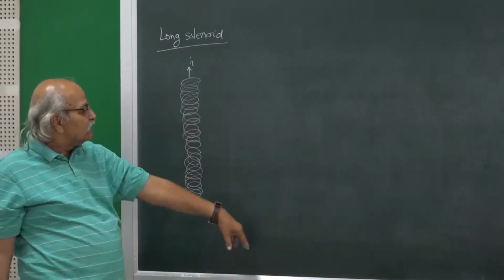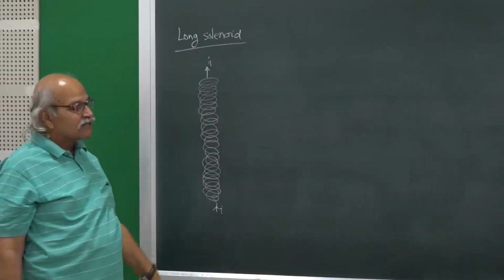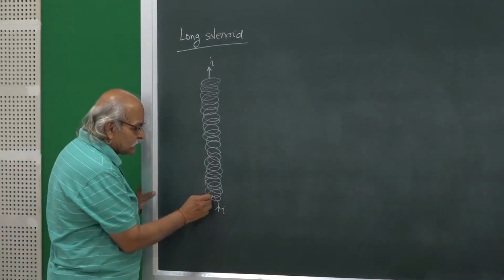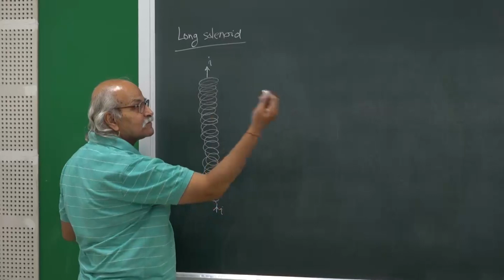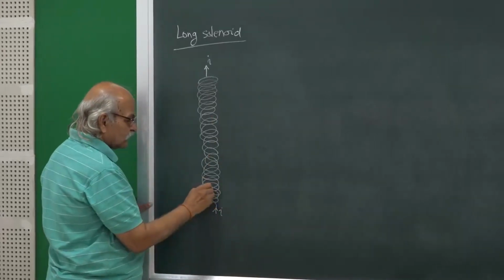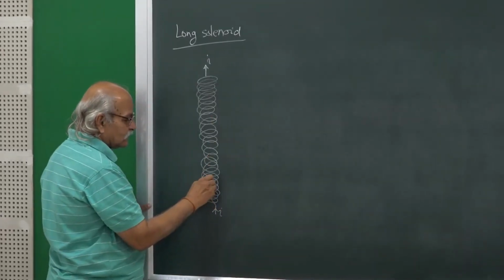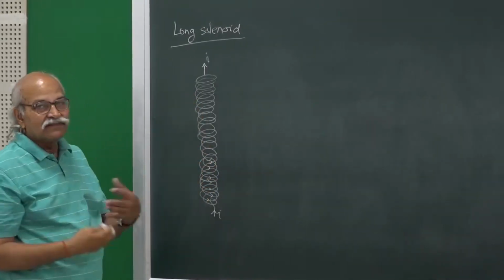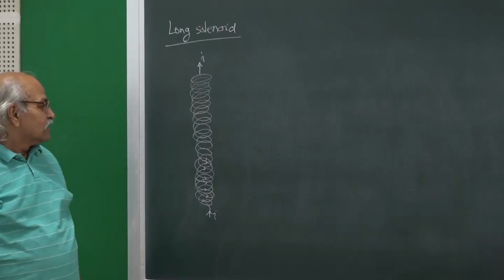For this derivation we will assume that it goes up to infinity, and from each turn you have a current. So that is called a solenoid or a long coil.